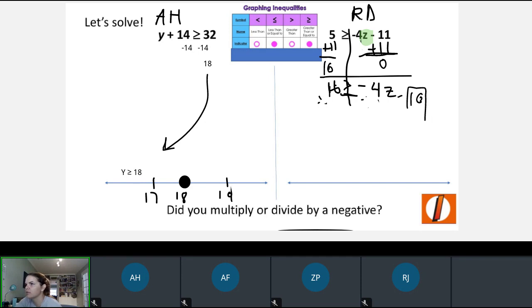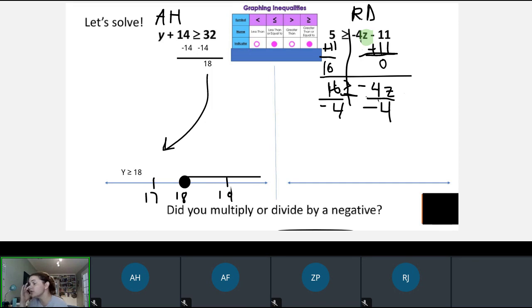I can't tell what you're writing there, but hold on. What are you writing there, Richard? So let's do it like this. This says negative 4z, negative 4 times z. Okay, so we want to divide everything on both sides by a negative 4.